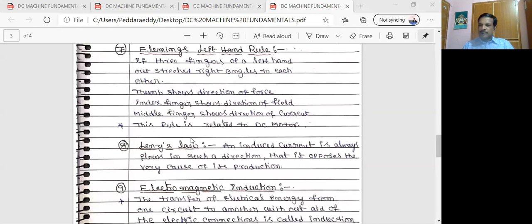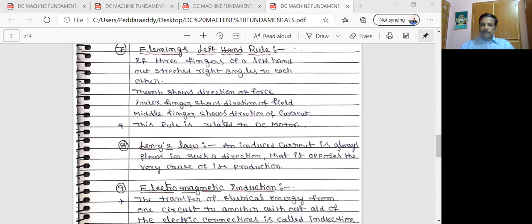So actually the EMF induced in a DC generator, in an AC generator, and the current induced in an induction motor through the induction process. So the current is induced in the rotor or sometimes in the stator.